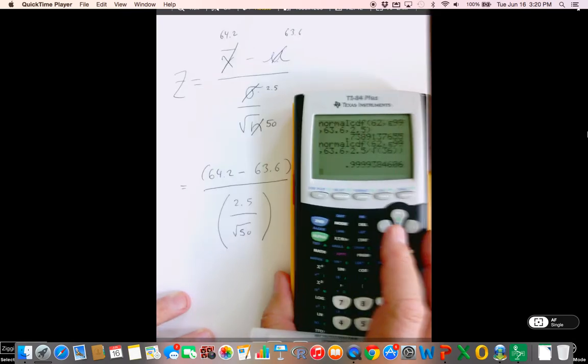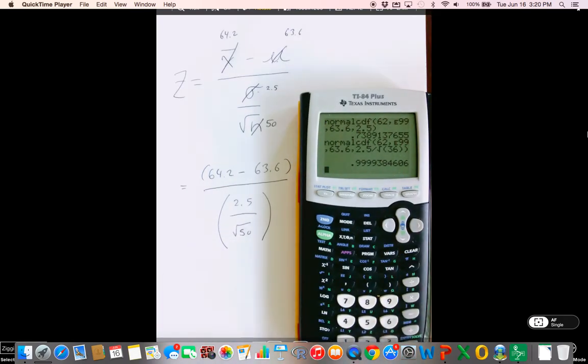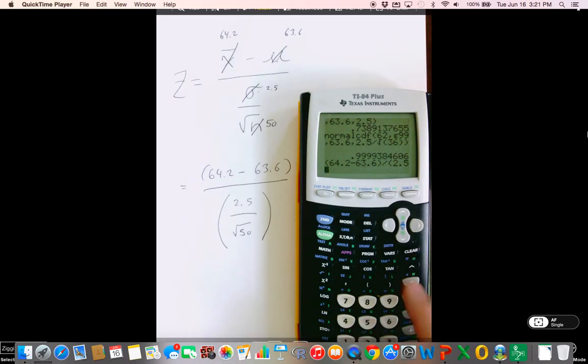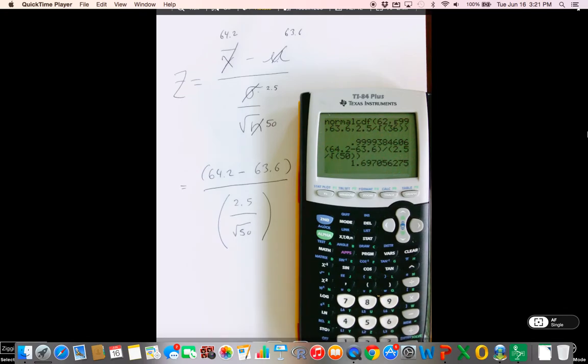So I'll show you how to do that on your calculator. Guys, the numerator needs to be in parentheses, so we'll do that. And then divide, and guys, put your denominator in parentheses too. Okay, then you'll get the right answer of 1.70.